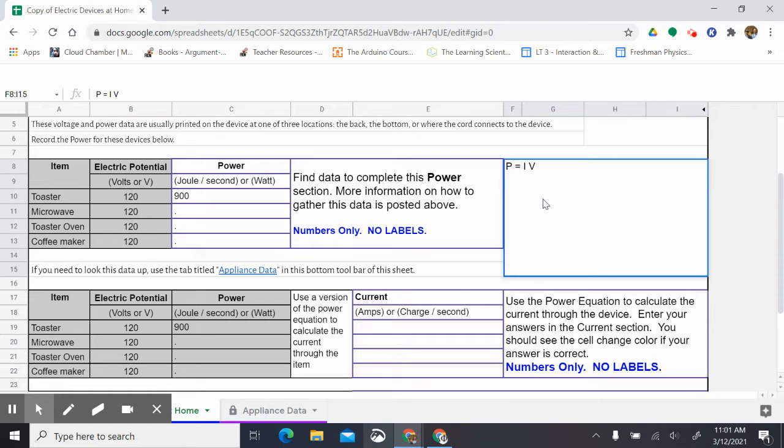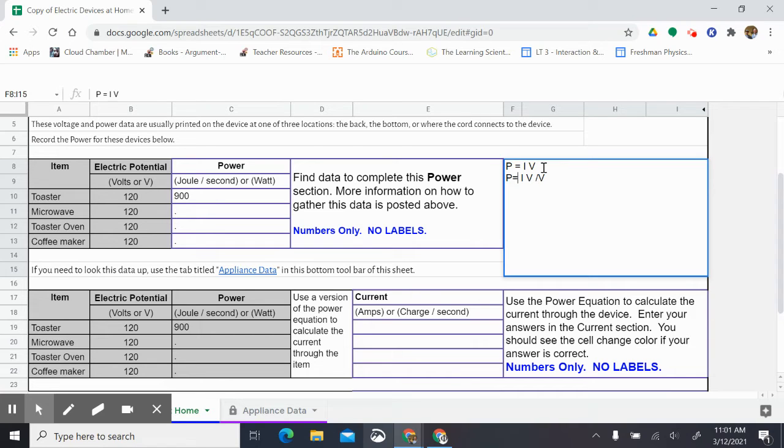Now, if I want to rearrange that and get current on its own, because that's what we're solving for down here, then I would divide. Right now I'm multiplying current times voltage. To get rid of voltage, so I have current on its own, I would divide this side by voltage, or by electric potential.